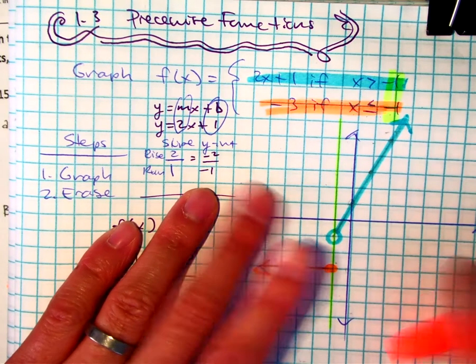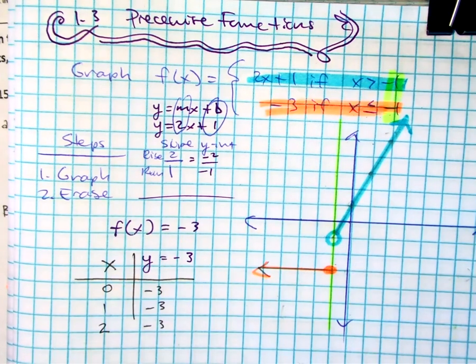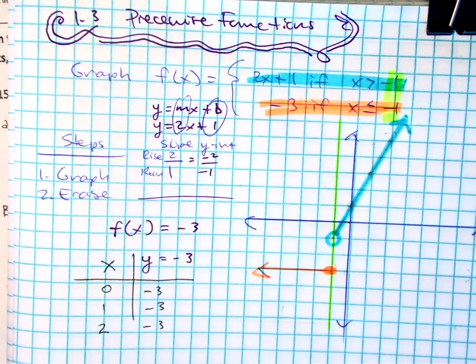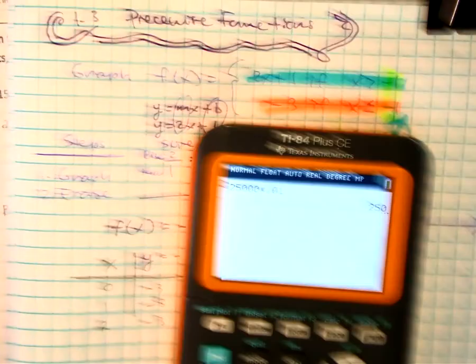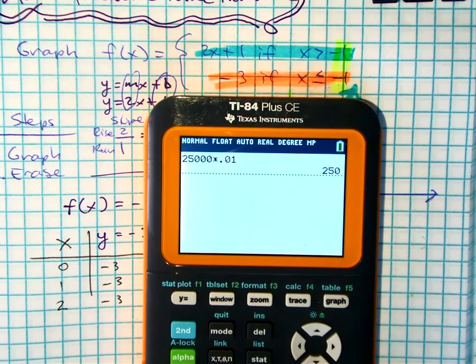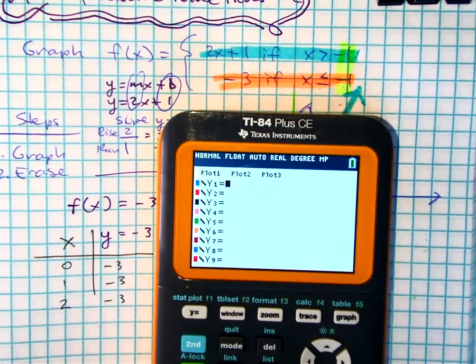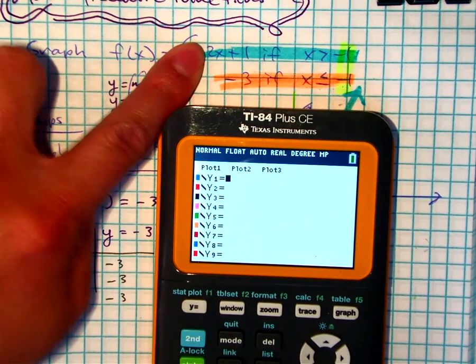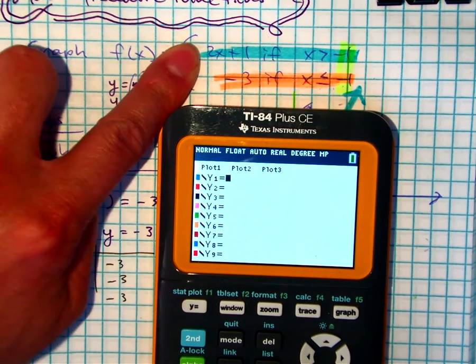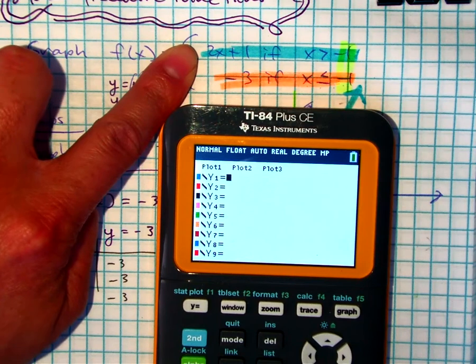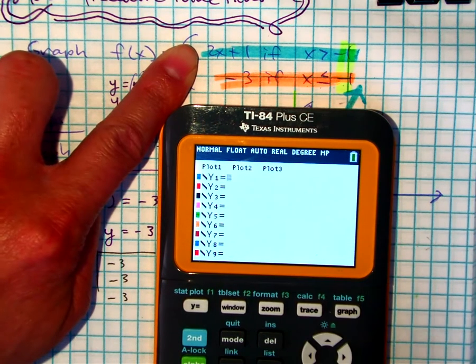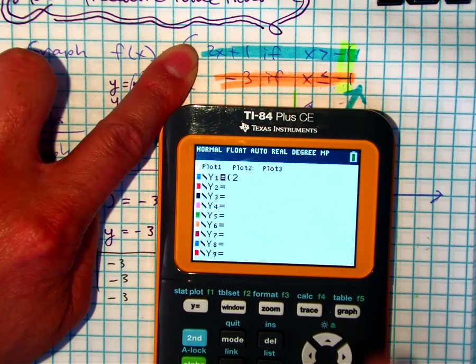Okay? Let's take out your calculators. I'll show you some calculator commands to get the same exact graph. Under y equals, everyone say parentheses. We're going to put this into parentheses. So parentheses, 2x plus 1.